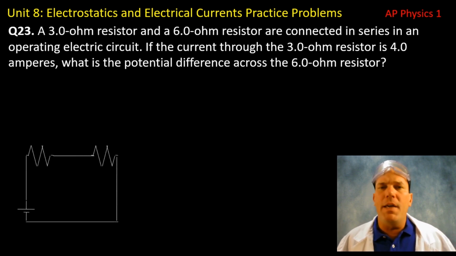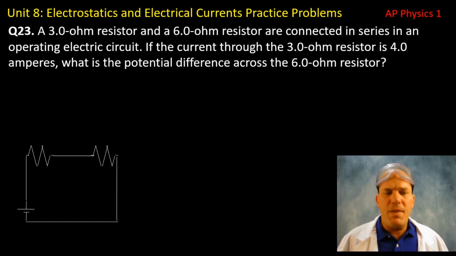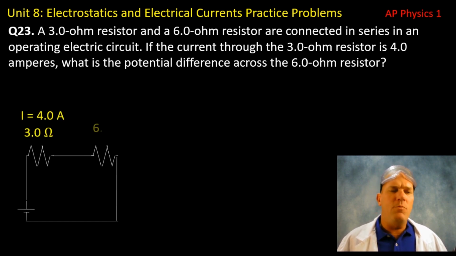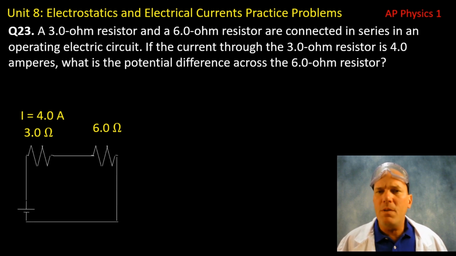If we were to draw a simple schematic with a battery or a cell and 2 resistors in series, and also write down what we were given in the problem, we have both of our resistors. We also have the current through the 3 ohm resistor.